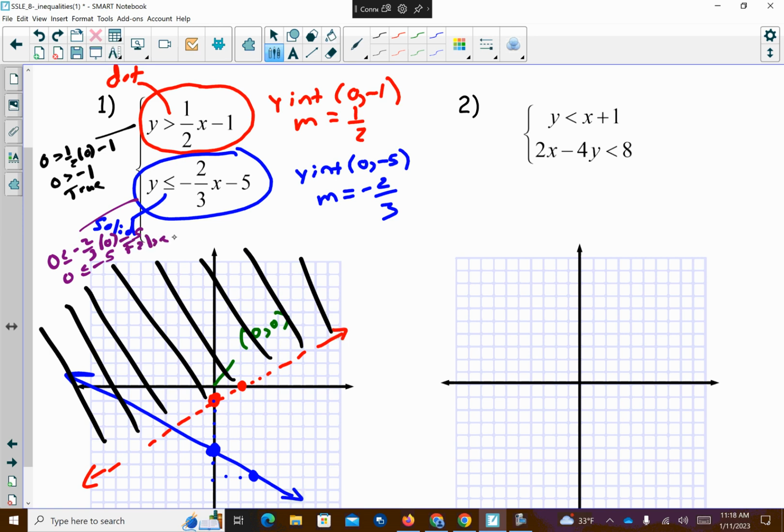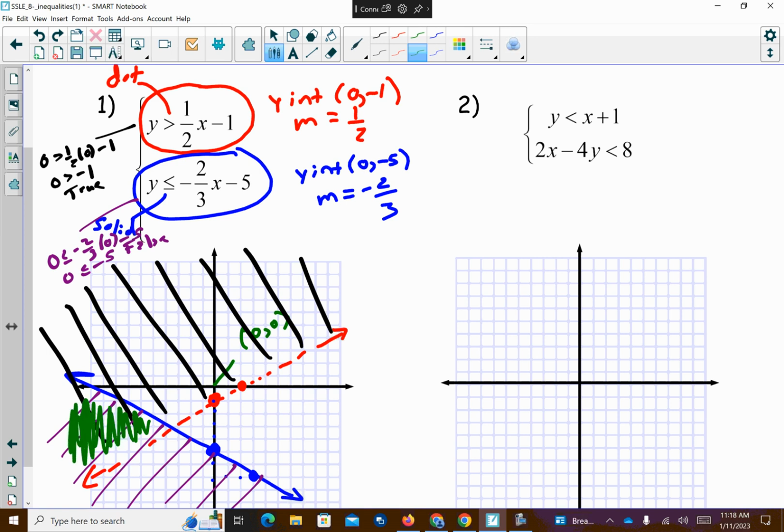So this means for the blue line, I'm going to shade the opposite side of the blue line. So the opposite side of the blue line is not above it, it's below it. So it's down here. So this means that this is my shaded region right here.